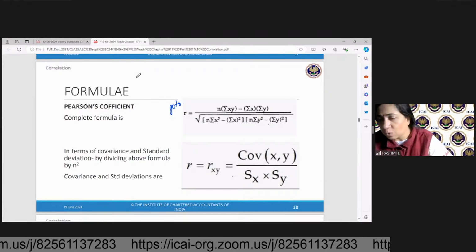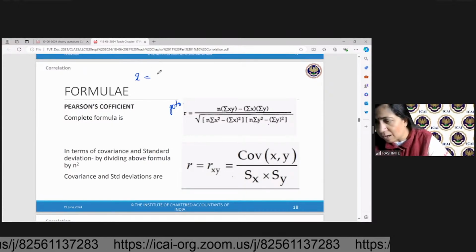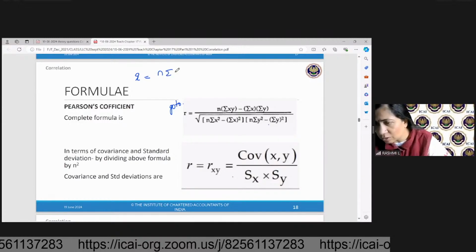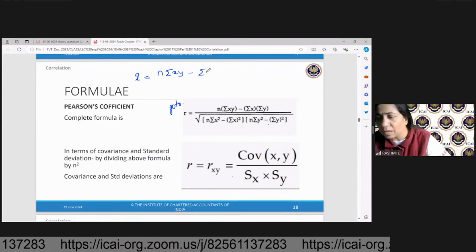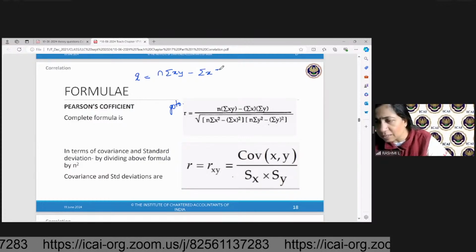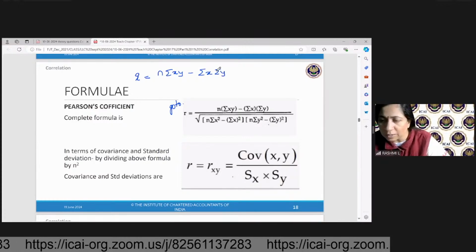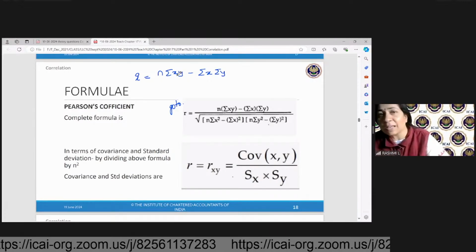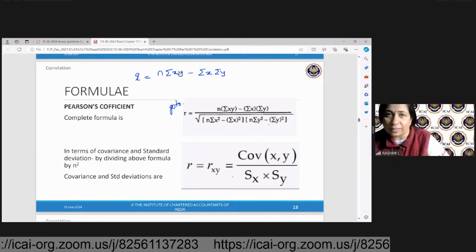Now what is R? R is n into summation xy minus summation x into summation y. What is the difference between this and this? Summation xy means first you multiply x with y and then you add it.